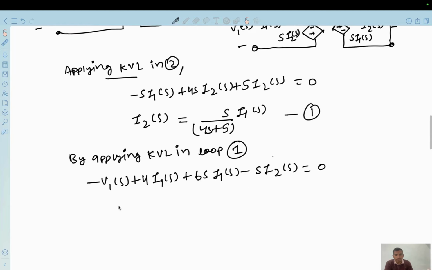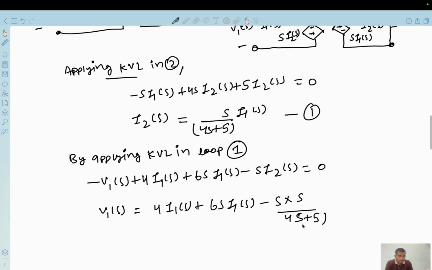So what can we do? Here S upon 4S plus 5 into S I1S.